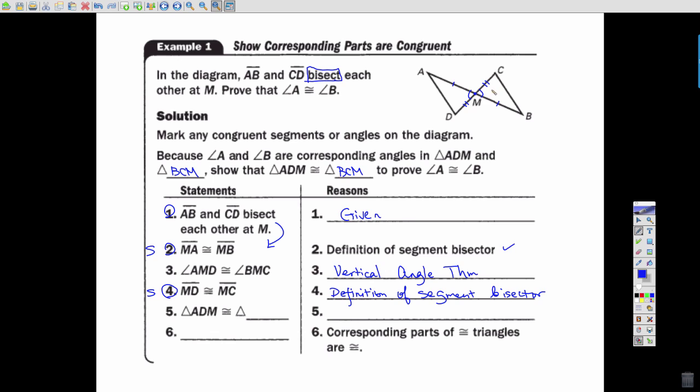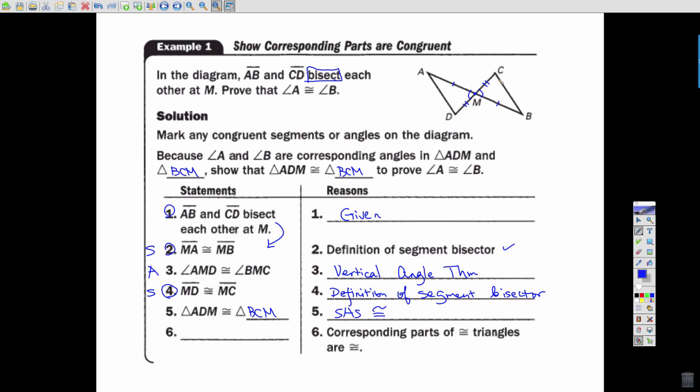All vertical angles are congruent. So now I've got my A. And also it looks like these vertical angles are included by these two congruent sides. Therefore, I have a SAS congruence theorem that ADM and BCM are two identical congruent triangles.